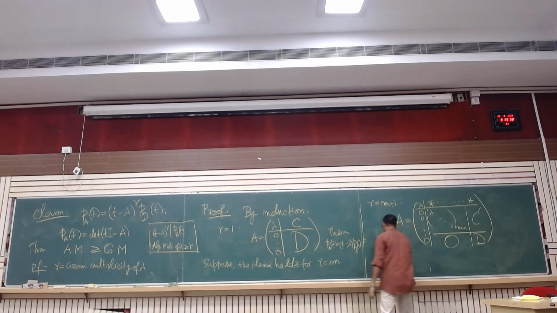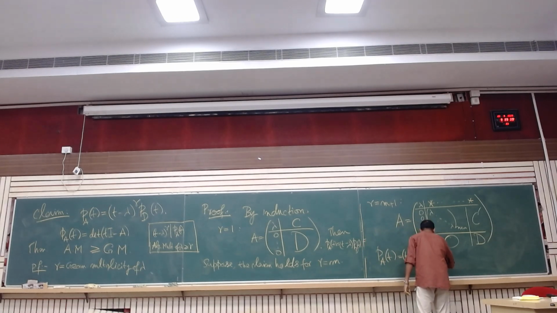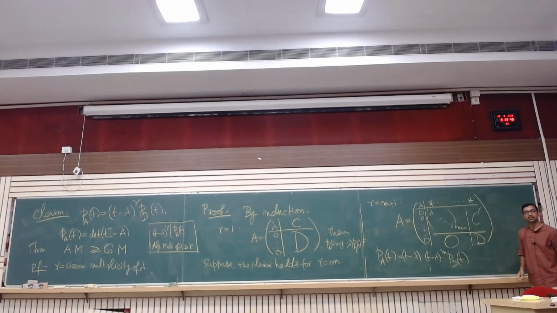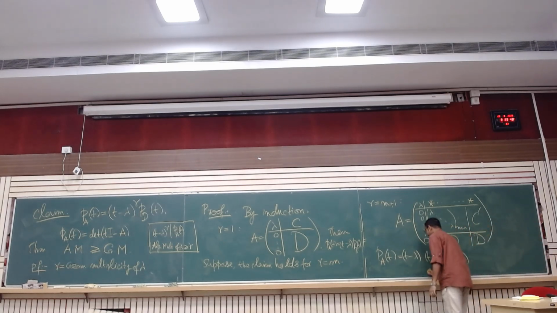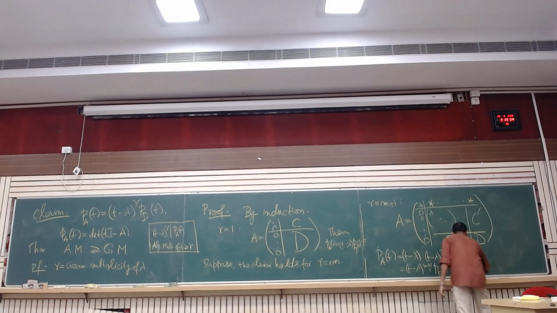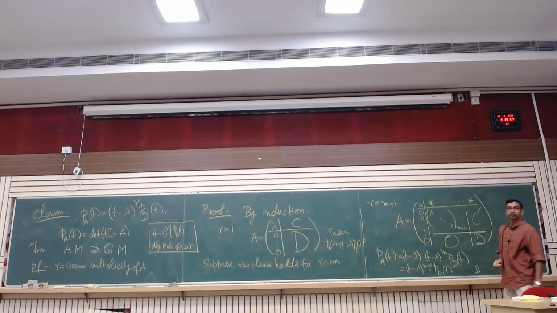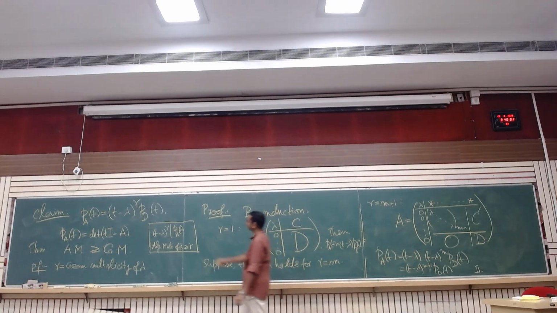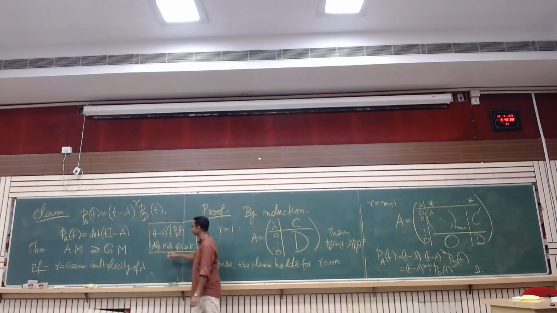So PA(T) is T minus lambda times (T minus lambda)^m times the characteristic polynomial of D. So that is just (T minus lambda)^(m+1) PD(T). We are done. So that finishes the proof of this claim, and hence the proof of this inequality.